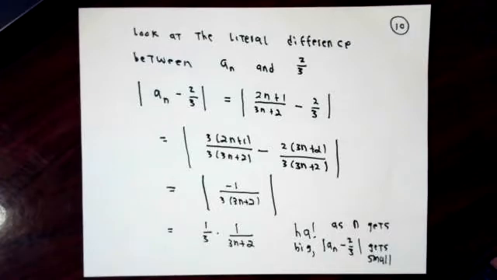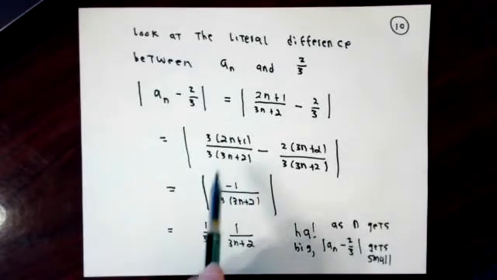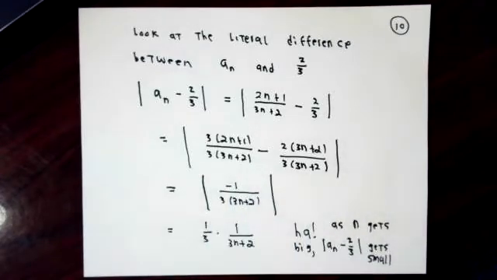So we're just going to do some algebra. I'm going to get a common denominator. I'm going to simplify my fraction. And I have -1 upstairs. So when I do the absolute value, all that happens is the minus sign goes away. And see, this is what we want.